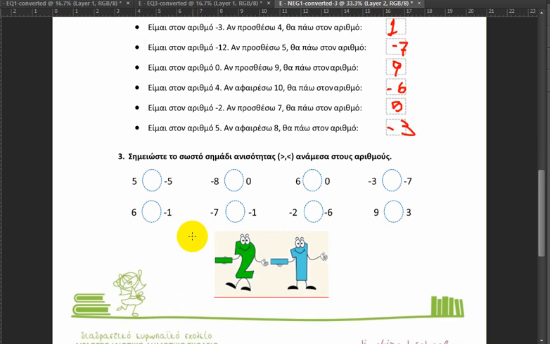Next up, we have comparisons. What's more, 5 or minus 5? We said that the positive number is always more, so immediately. And here we said that when comparing a negative to a 0, the 0 is also always more. Here we have a 6 with a 0. 6 is more than 0. Here's the tricky part, minus 3 with minus 7.